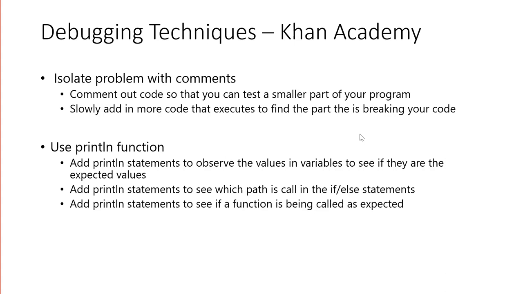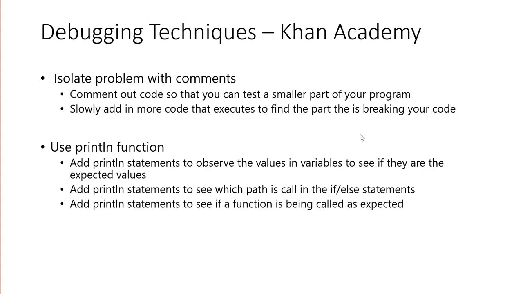So you could comment out large portions of your code so that you can just test smaller parts, and then slowly add in more code executing until you find the part that is actually breaking your code. This helps you isolate which statement is causing the failure, and then you will be able to find the defect in the statement more easily if you find the exact line of code that the problem is occurring.